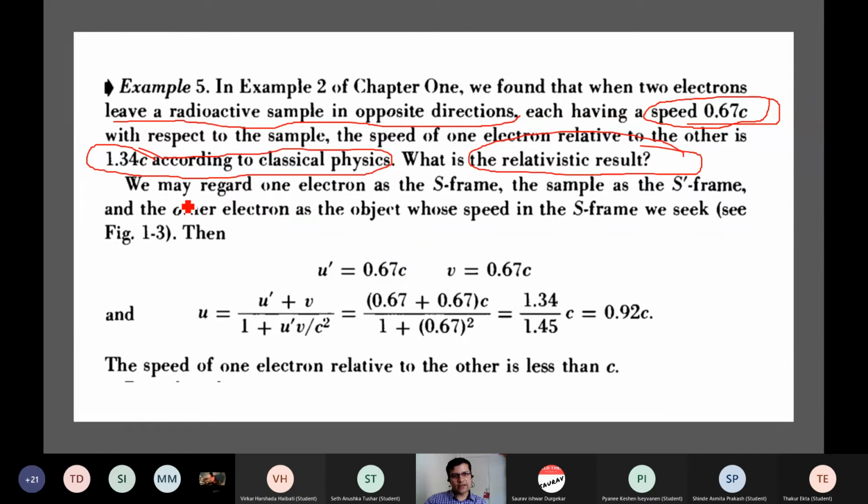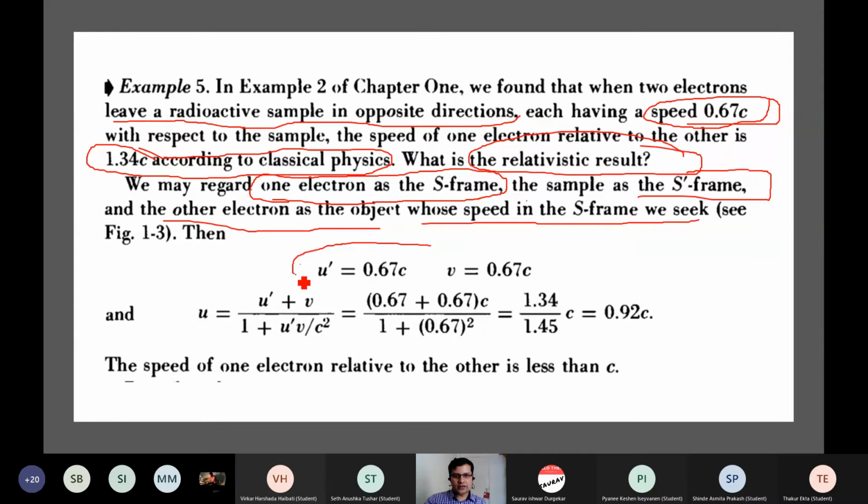So here we consider an electron in the S frame, the laboratory frame, and the S prime frame, the moving frame, with another electron, and that frame is moving with 0.67 c. The electron's speed with respect to that moving frame is 0.76 c, and the frame itself is moving with 0.67 c.